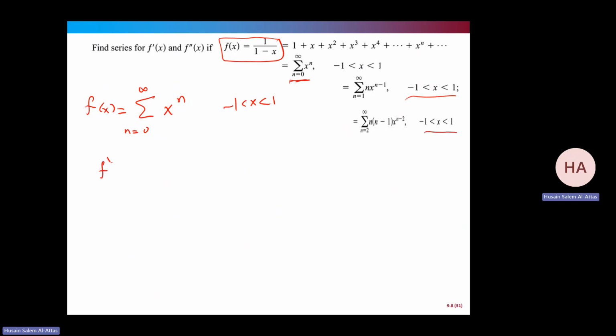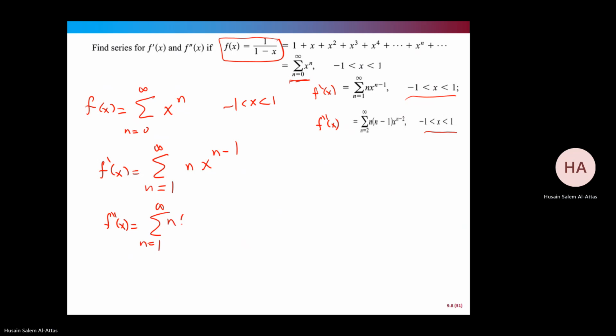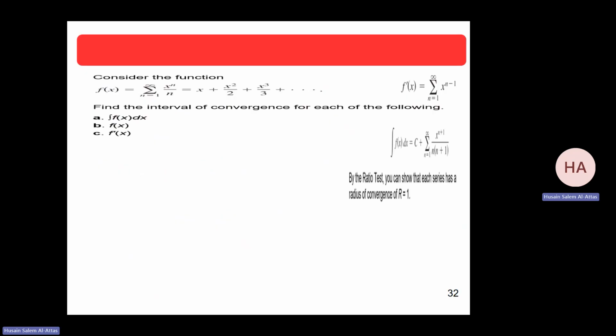So f prime, just the derivative of that, is n x to the power n minus 1. Don't forget, starting from 1. This is the first derivative, and this is the second derivative, which is summation n times n minus 1 x to the power n minus 2. Actually, we need that in Math 208 later.